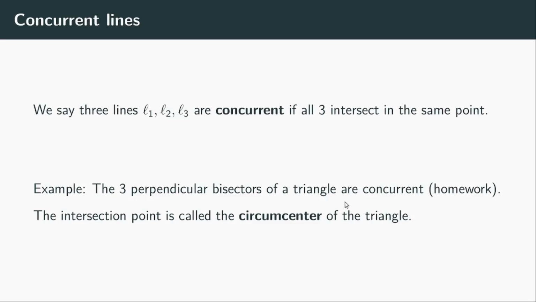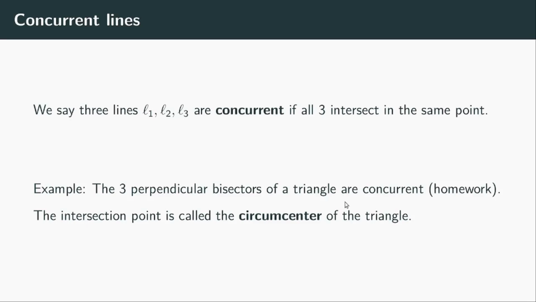Okay, another important definition: we say that three lines in the plane are concurrent if all three of them intersect in the same point. Notice that two lines intersect in a point unless they're parallel, so there's nothing interesting about two lines. But in general, with three lines, you don't expect them to meet in the same point.